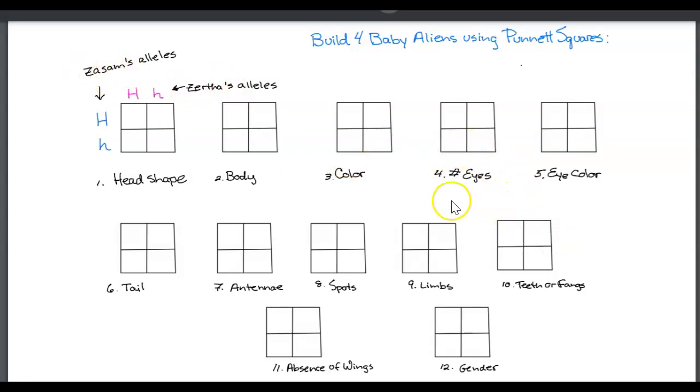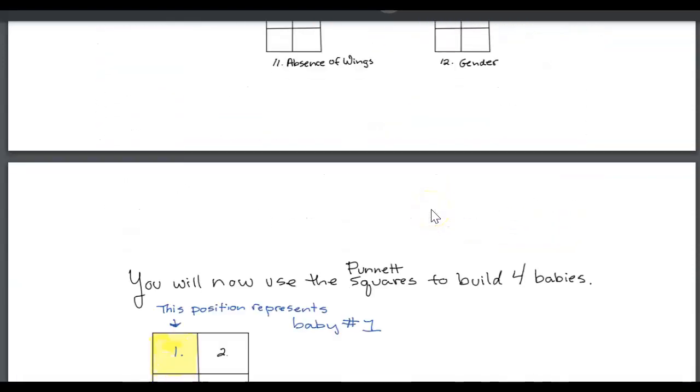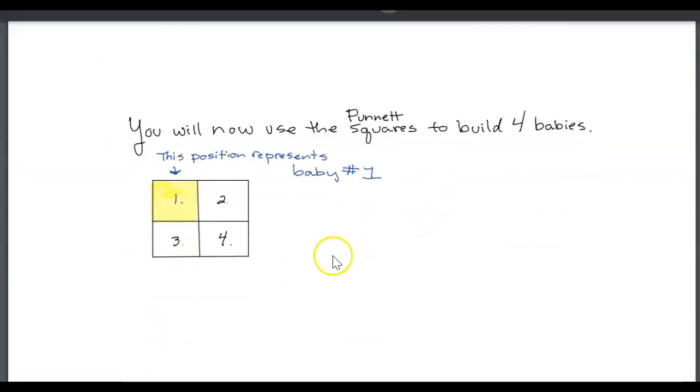And then once you have that, you're going to use this first color-coded square to say, oh, well, here's the first square, and let's say this happened to be the square for the head shape, the very first trait.